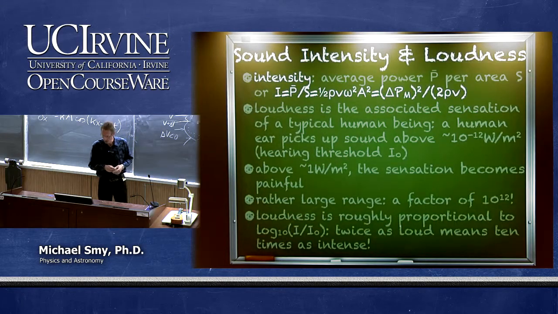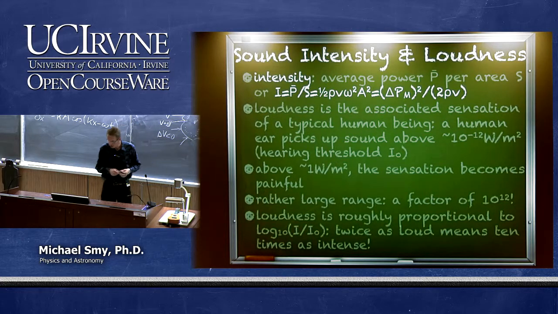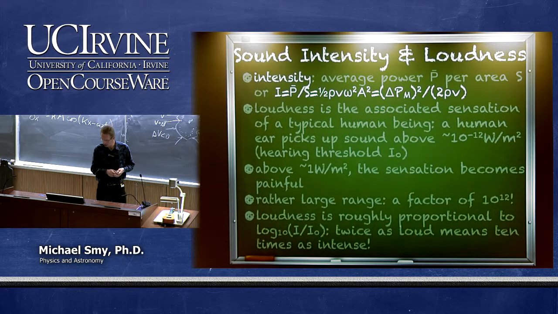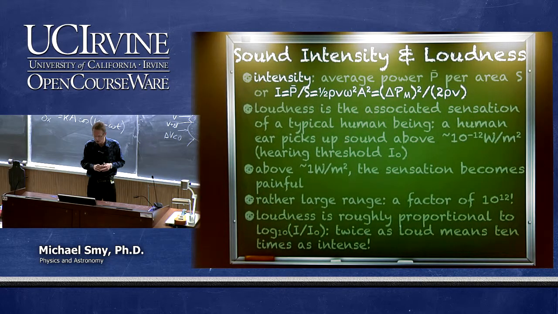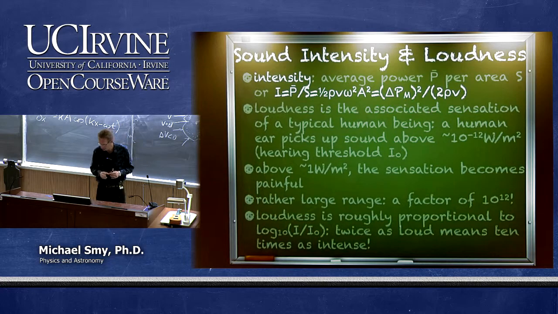So as learned in the previous chapter, the intensity is actually the average power per surface area. That is what intensity means. Loudness, however, is the associated sensation of a typical human being. And a typical human being can pick up a sound wave above an intensity of about 10 to the minus 12 watts per meter square.